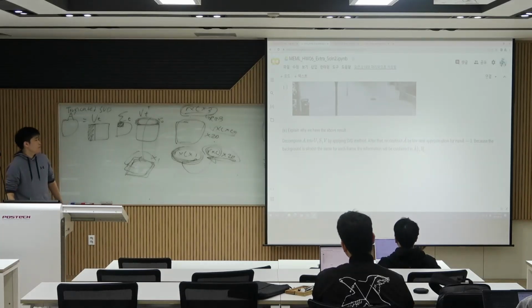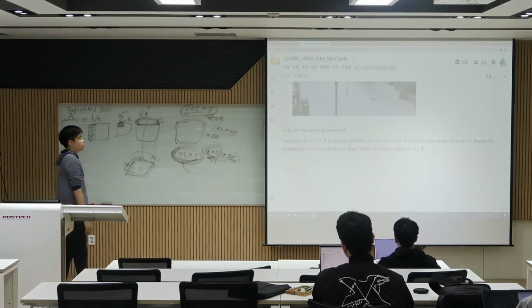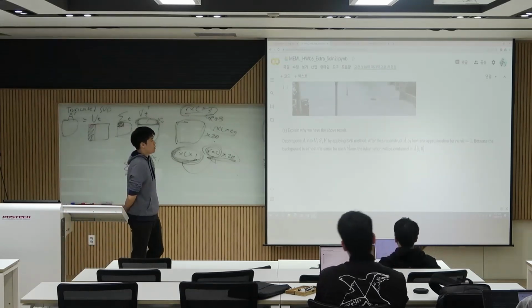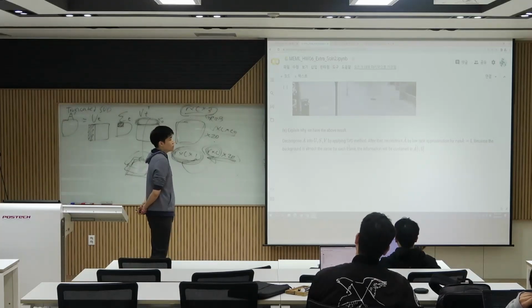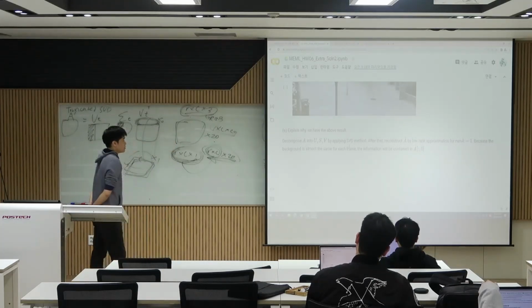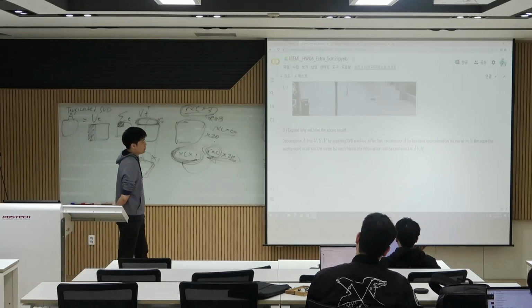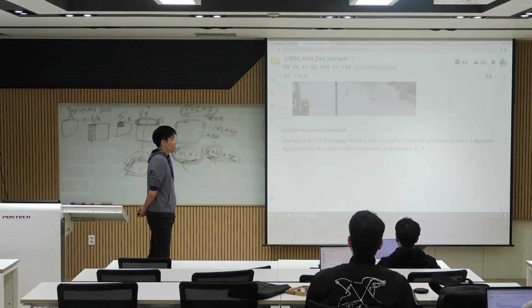So why do we have the above result? You can just read it out. Decomposing A into U, S, and V by applying the SVD method, we can reconstruct A by rank approximation, because the background is almost the same for each frame, and the information will be contained in that.